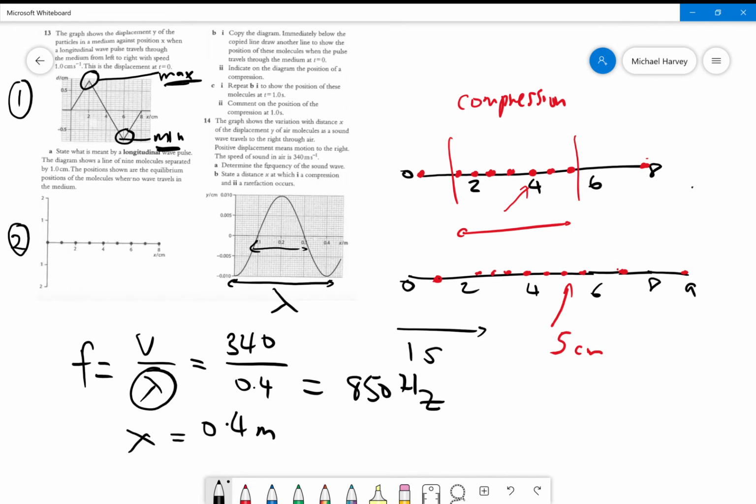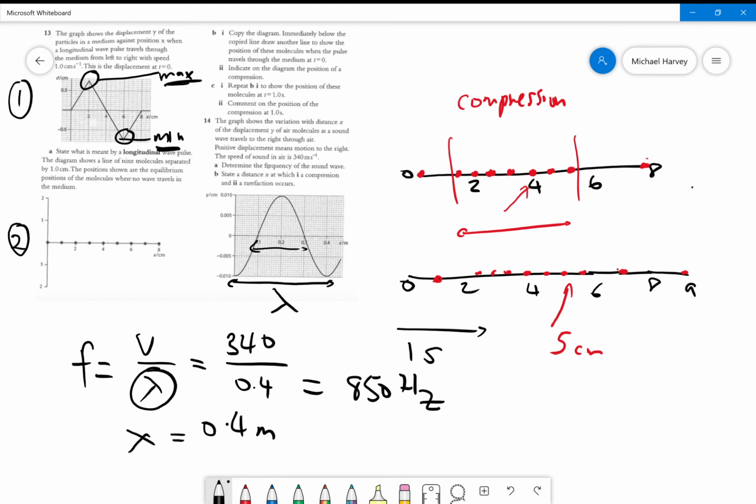Molecules just to the left of this point have a positive displacement, and so move to the right. Molecules just to the right move to the left, causing a compression at 0.3 meters. By similar reasoning, the distance x at which a rarefaction occurs is at 0.1 meters.